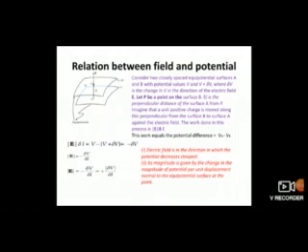Next slide is about the second concept, relation between field and potential. In this, we are going to consider two closely spaced equipotential surfaces A and B, having potentials V and V plus del V, where del V is a change in potential and this del V is in the direction of the electric field.